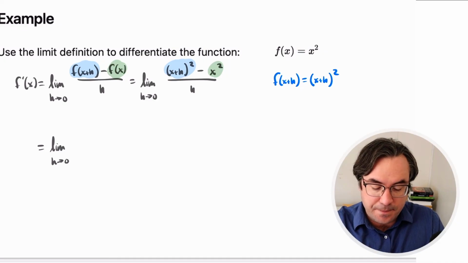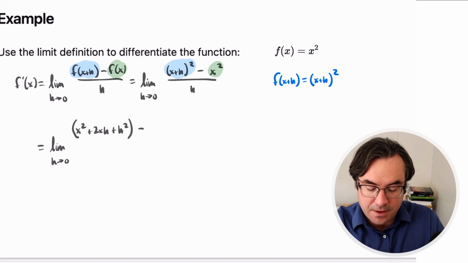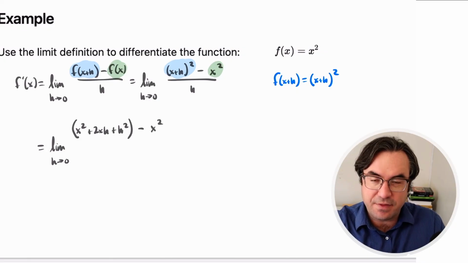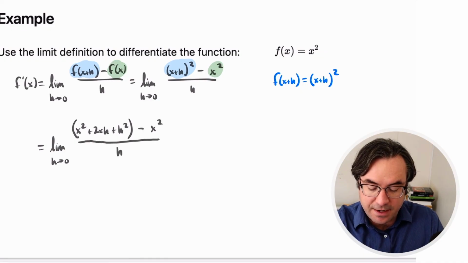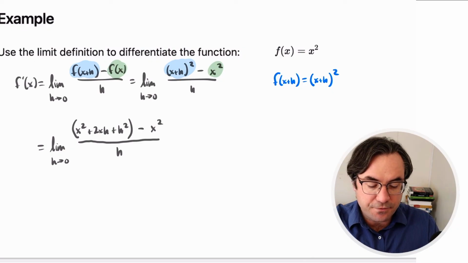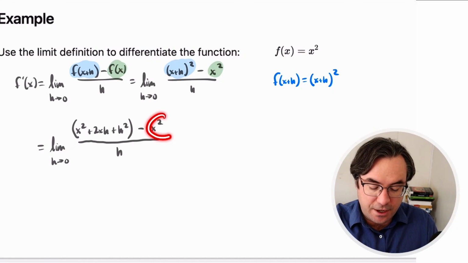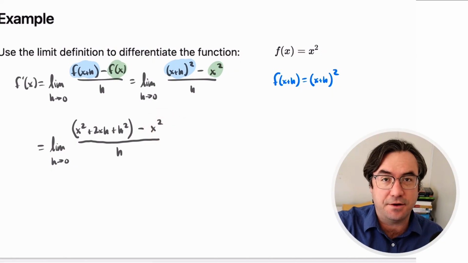So if we FOIL this out, we get x squared plus 2xh plus h squared. Then we have that minus x squared from before, and we're dividing this whole thing by h. So then from here, usually all the stuff from the original function should get canceled off.